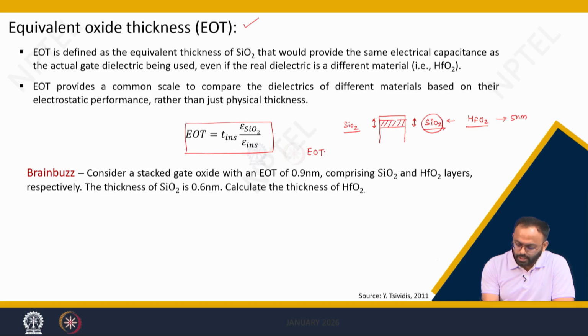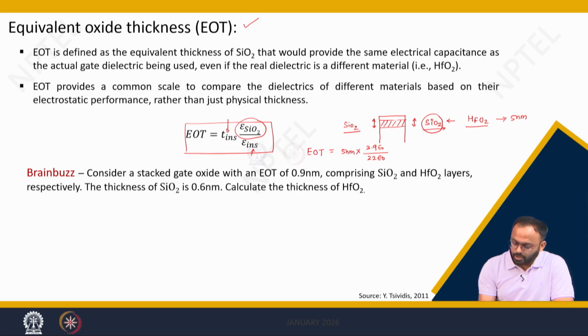So, EOT is nothing but the thickness of insulator, which is here in this case 5 nanometer of HfO2. The permittivity of silicon dioxide is approximately 3.9 times epsilon naught, and the permittivity of the insulator lies between 16 to 34, so you can take 22 times epsilon naught, for example.